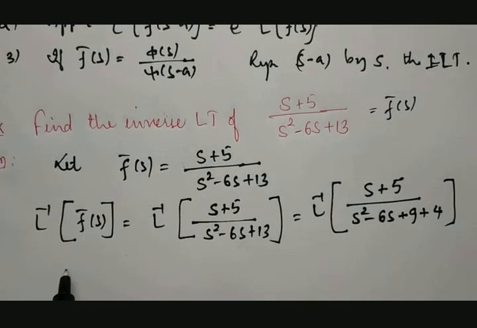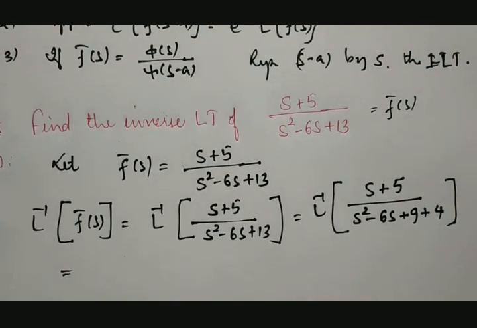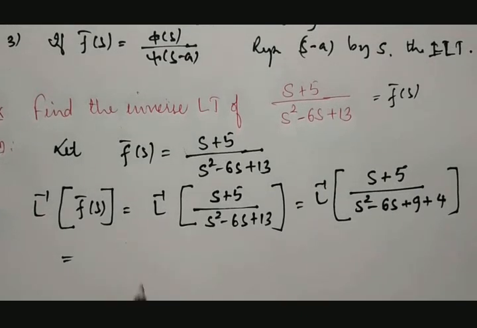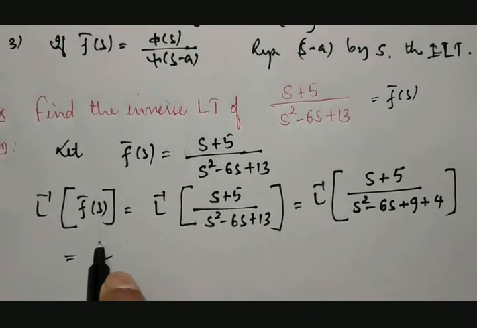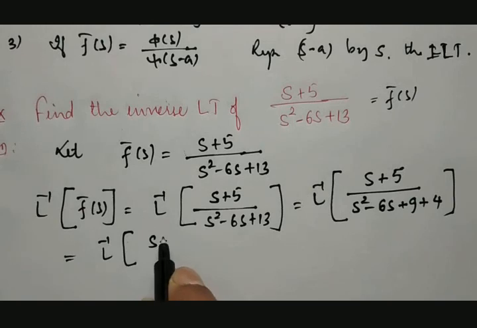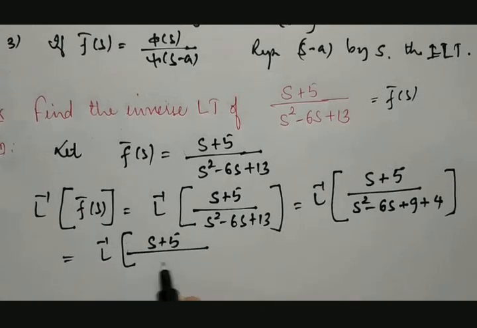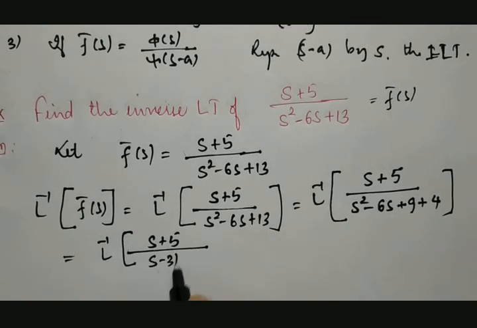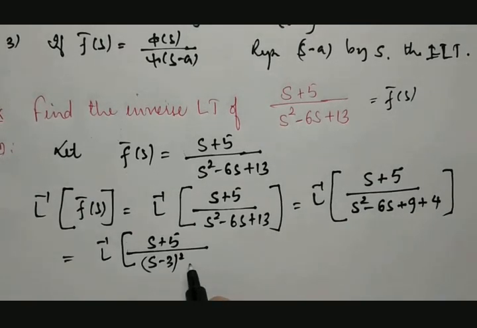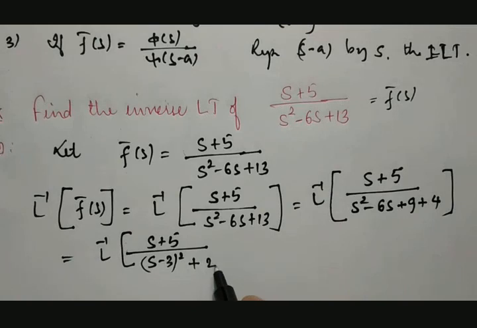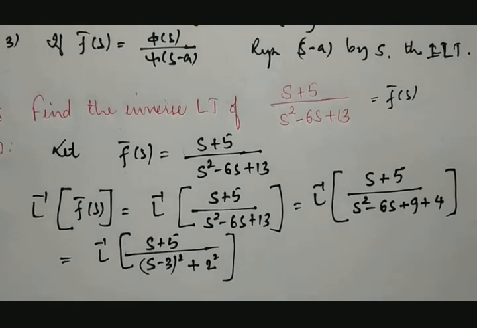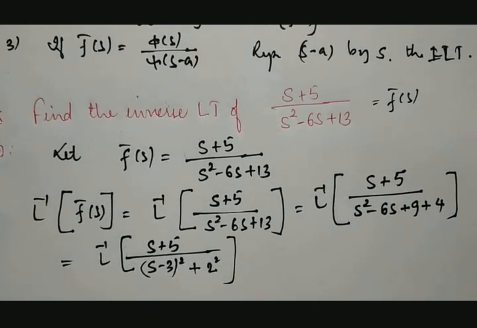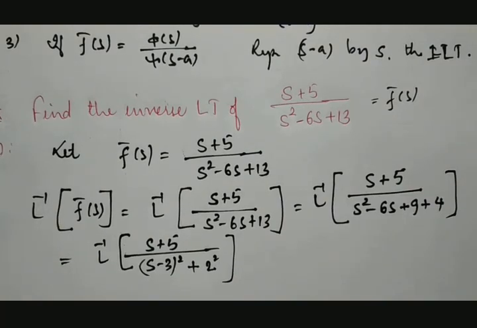Therefore, this will be considered as Laplace inverse of s plus 5 divided by this s square minus 6s plus 9 can be taken as s minus 3 the whole square, okay, plus this 4 can be taken as 2 square. Now it comes as s minus a whole square plus or minus b square.